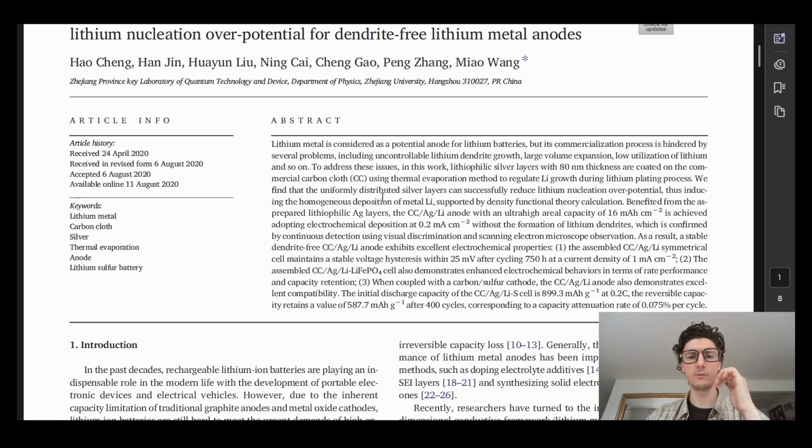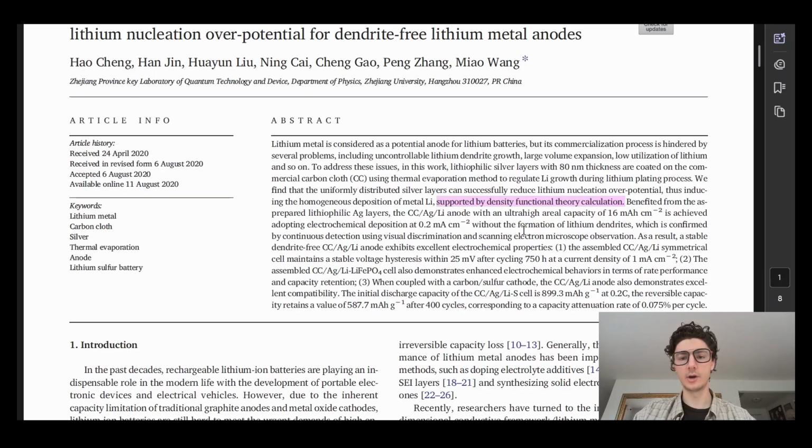We find that the uniformly distributed silver layers can successfully reduce lithium nucleation over potential, thus inducing the homogeneous deposition of lithium metal supported by density functional theory calculations.